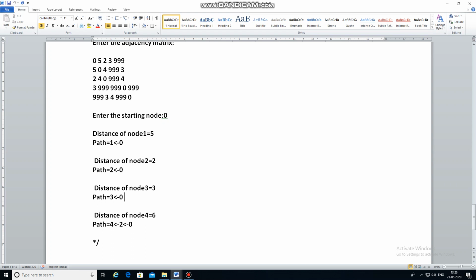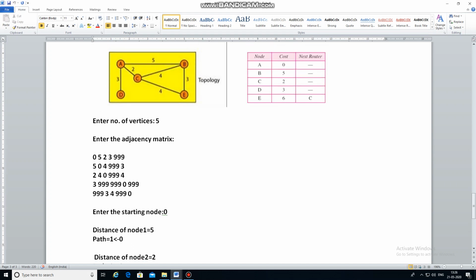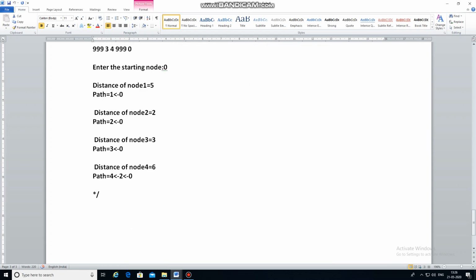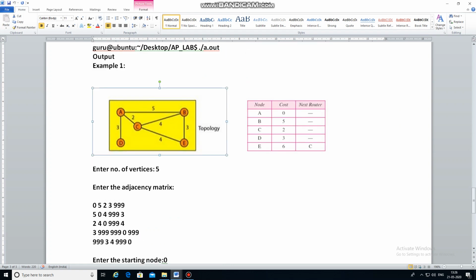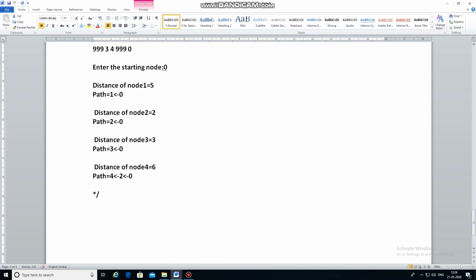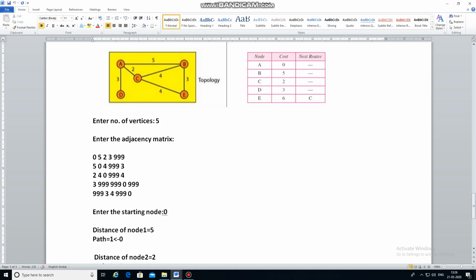Similarly for node 2, node 3, and node 4, which is nothing but E, the distance is 6 because we are taking A to C, C to E, that is 2 plus 4, it is 6. You can see that 0, 2 and 4, right? So this is how the Dijkstra algorithm works, and it is a shortest path algorithm which is used in most routing protocols.